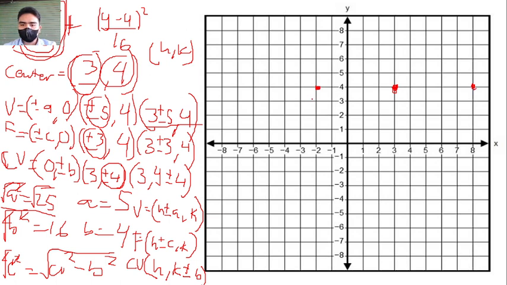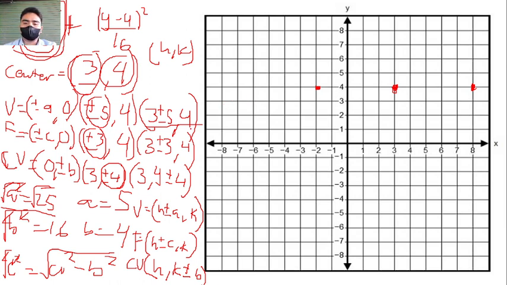Okay, so let's check if the distance is just the same. If you're going to count 1, 2, 3, 4, 5, 1, 2, 3, 4, 5. So, they are correct. Or you are going to add and subtract 5 with it. So, in that case, that is our vertices. Okay?